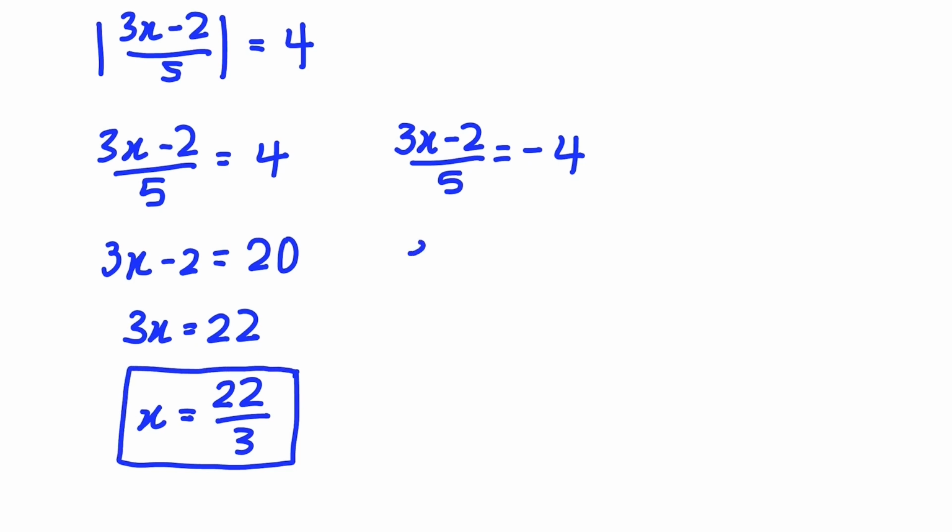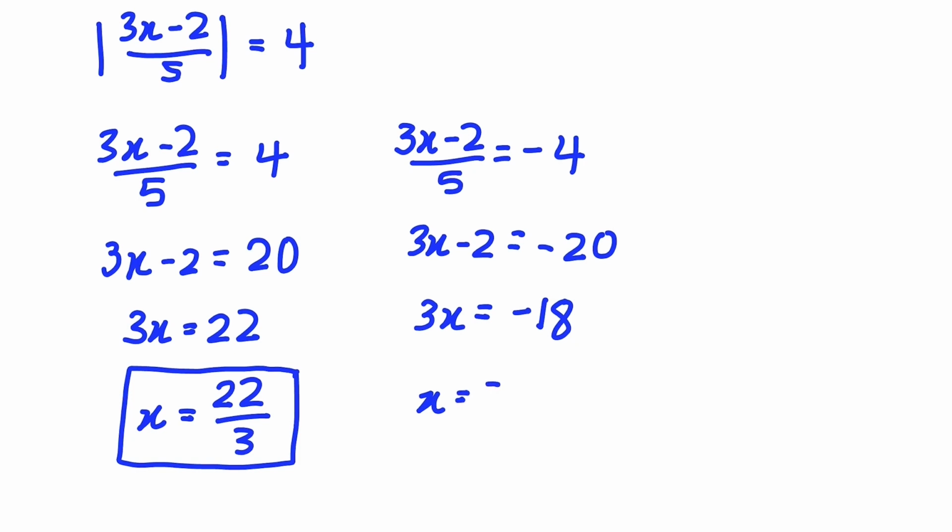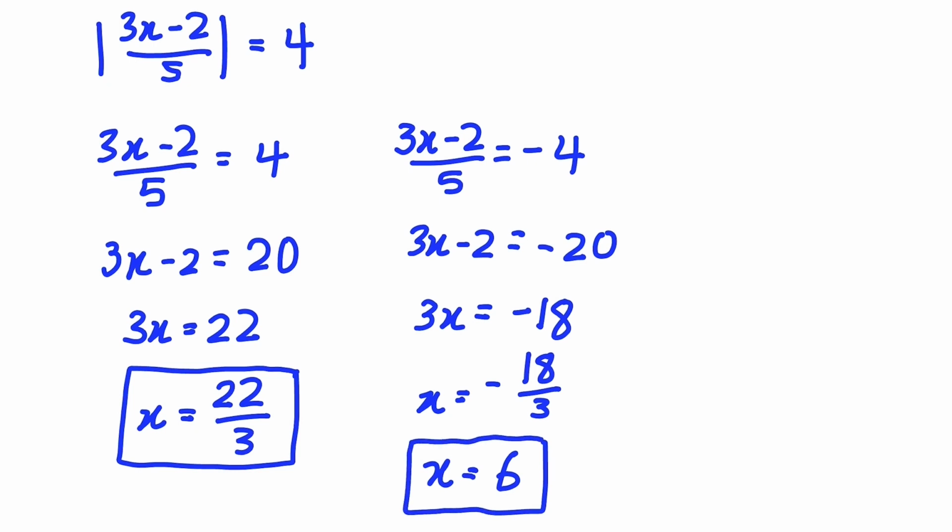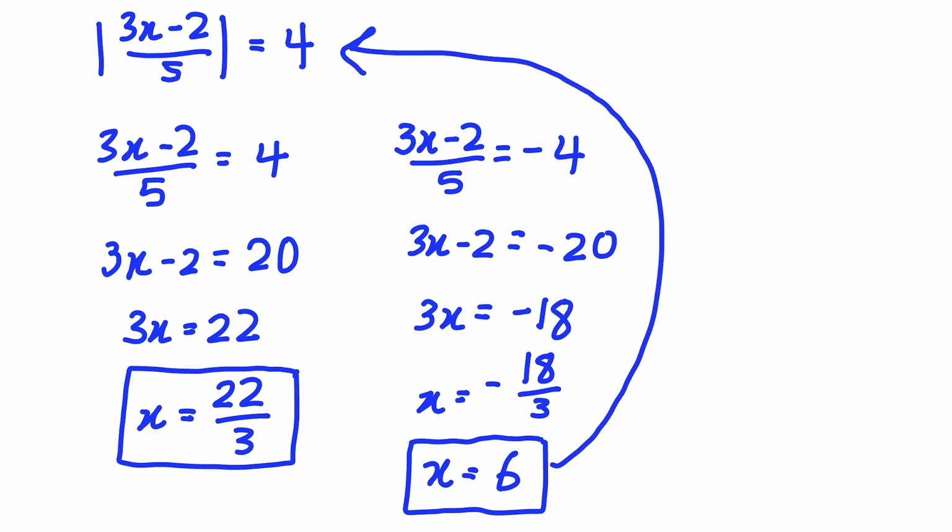And here we have 3x minus 2 equal negative 20, 3x equals negative 18, and x will be negative 18 over 3, which we could simplify, which will become negative 6. So we have two values of x, which is x equal 22 over 3 and x equals negative 6. And if you want to verify your values, you could substitute the x in the original equation and you will make sure that they are equal.